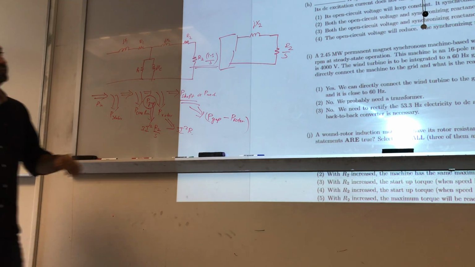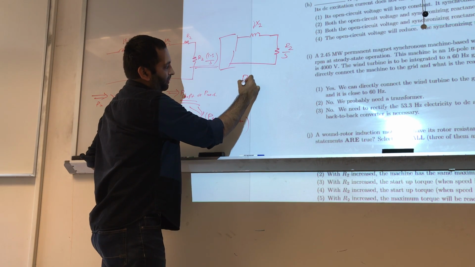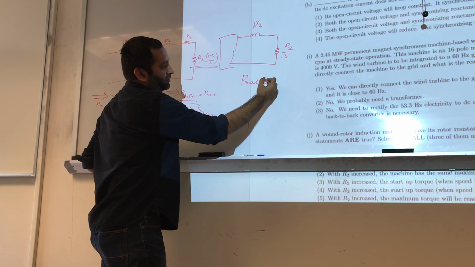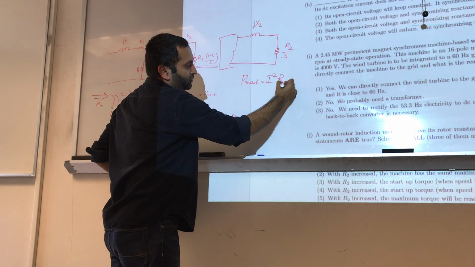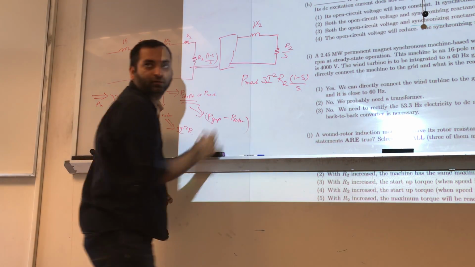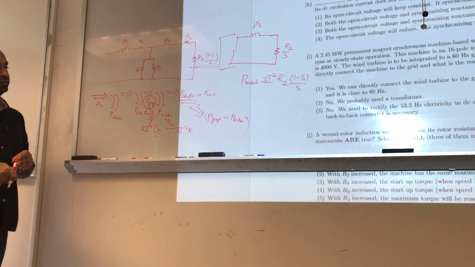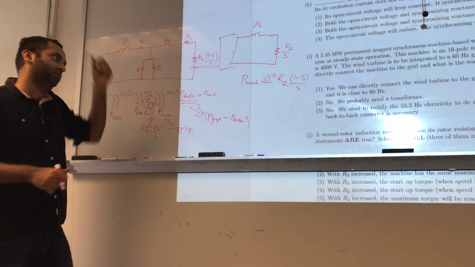Okay, so it's asking us to find the mechanical power. So what is P mech? It equals I squared R2 times (1 minus S) over S. This is the mechanical power, the output power.